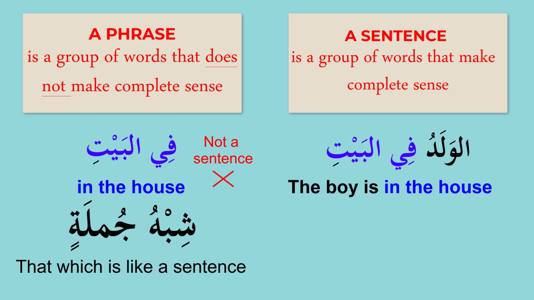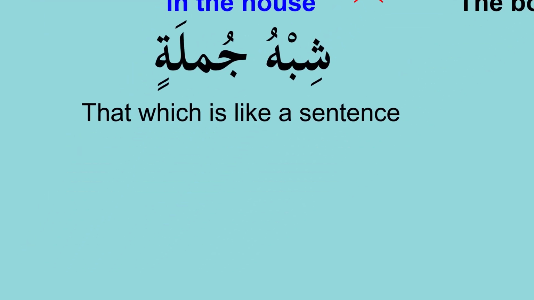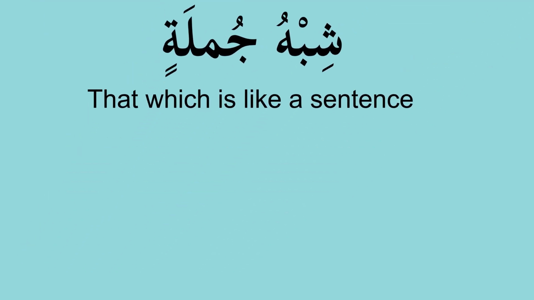What do you call shibhu jumla in English? Phrase. Say it three times. Shibhu jumla. Which means phrase. It's not a complete sentence. It looks like a sentence, but it is not a complete sentence. It is a phrase.